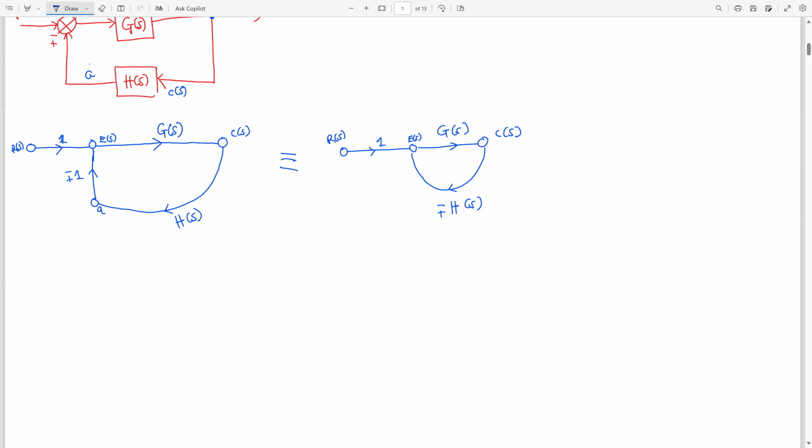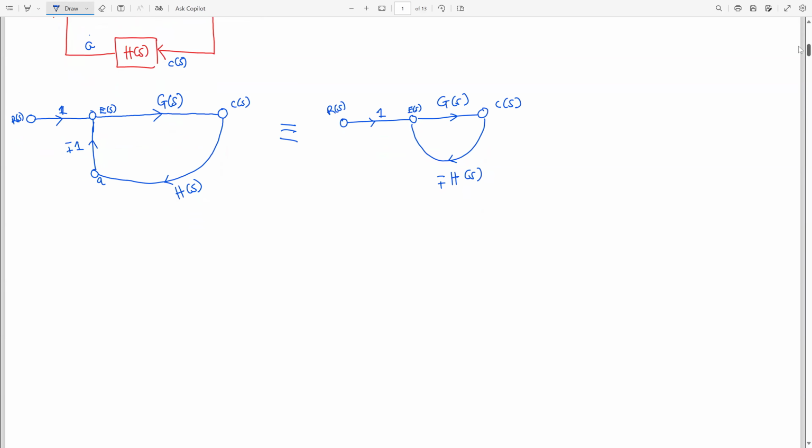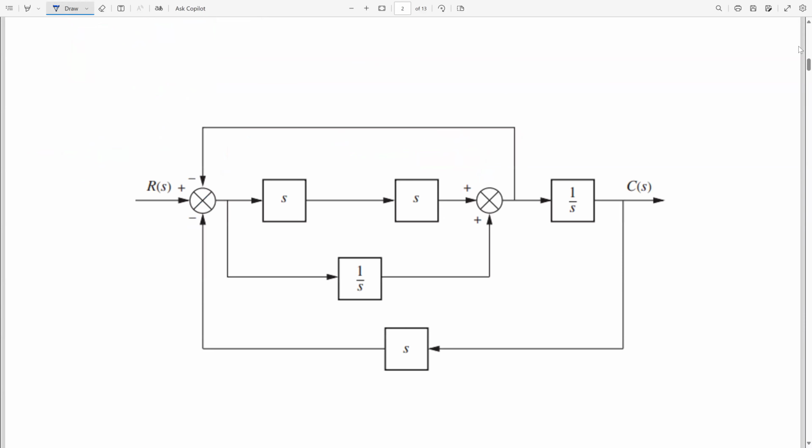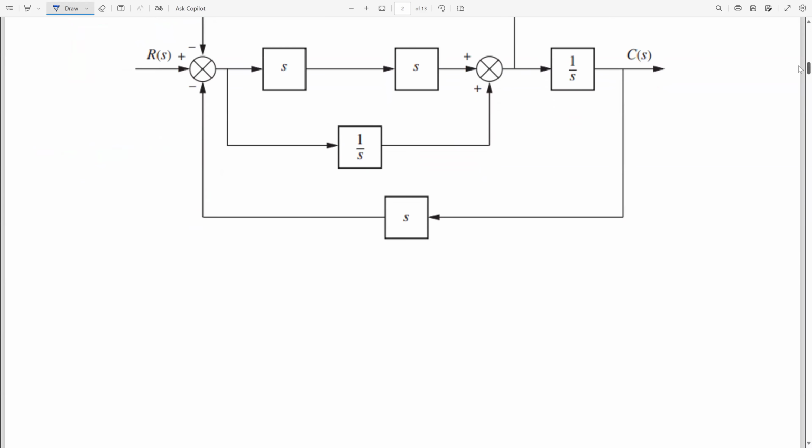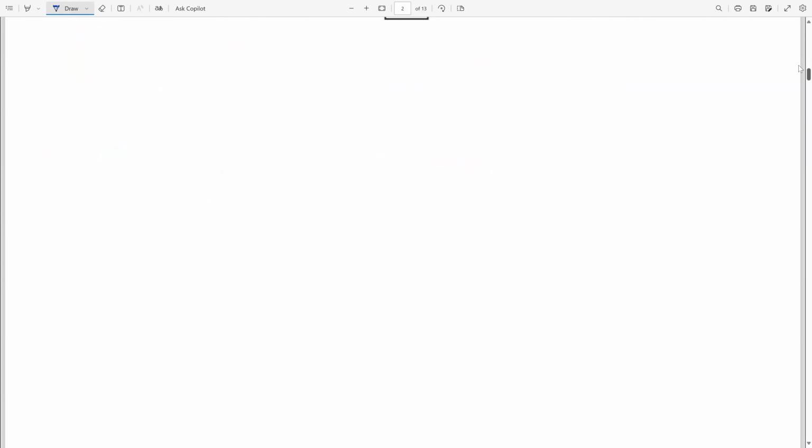Let's move on to an example to try and illustrate everything I've said so far. We are going to be using the same questions that we did when we were learning how to reduce block diagrams. Let me pick the easiest.